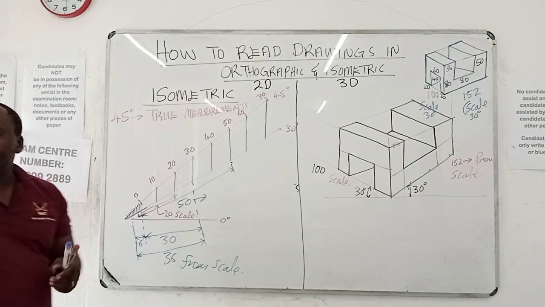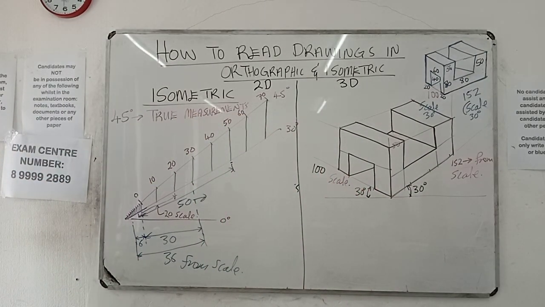Any question? How do you do spherical objects? When it comes to circles, we'll come to that. First, we need to practice to understand how to draw isometric in general. Then we come to isometric circles. I don't want to combine it with this. I want just you to understand these two parts.